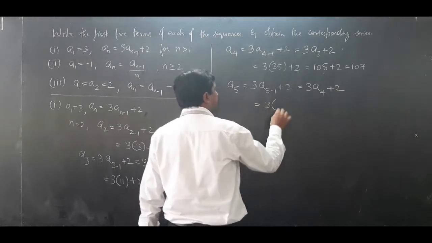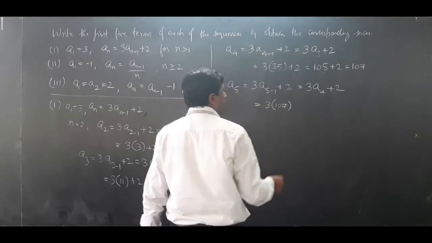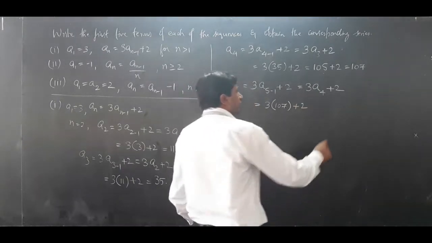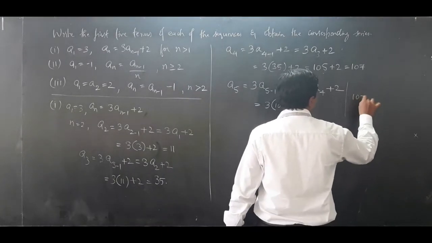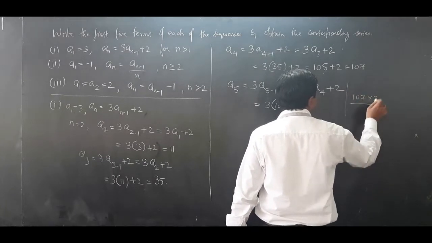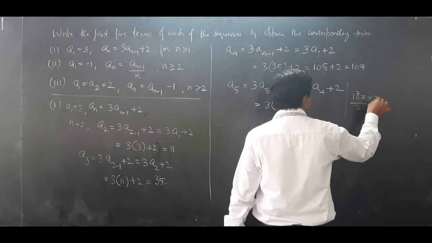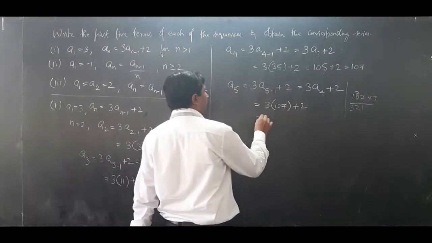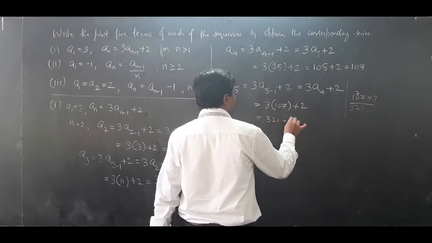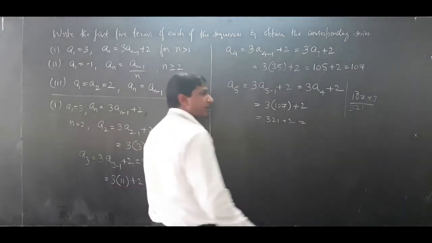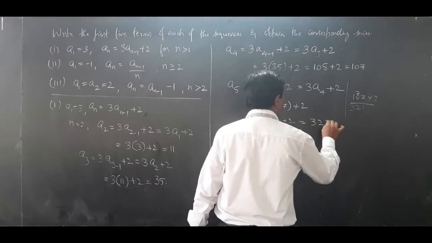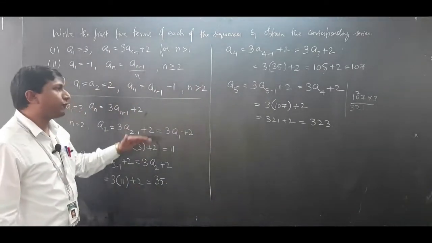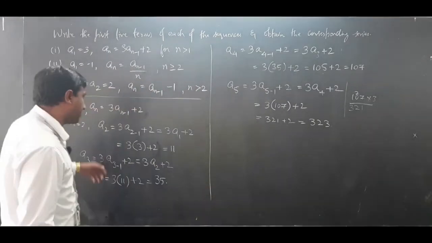So that is 3 into 107 plus 2. We will find out 3 into 107. 3 sevens are 21, 3 ones are 3. So 321 plus 2, that is nothing but 323.